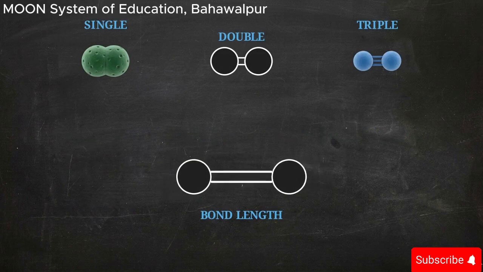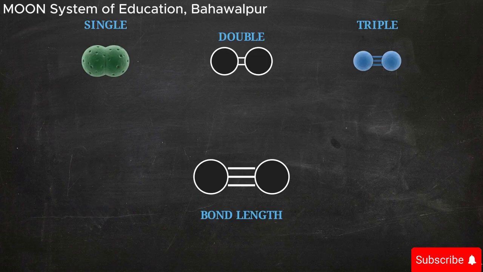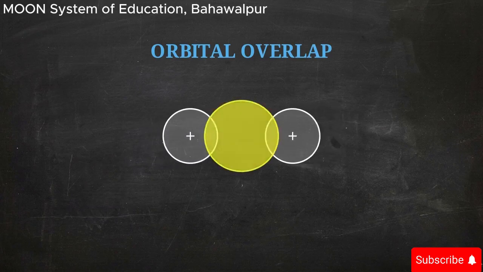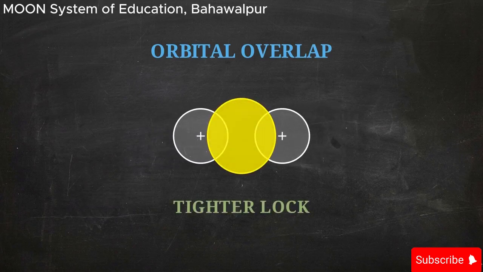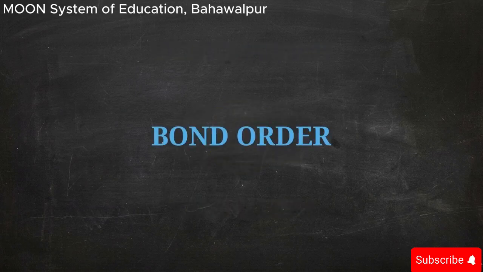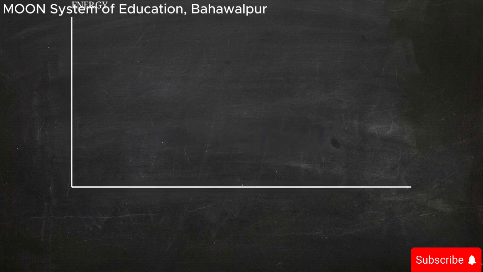Shorter bond lengths naturally pull the positively charged nuclei closer together. This proximity increases orbital overlap, the literal physical space where the shared electrons exist. Greater orbital overlap creates a tighter lock between the atoms, which directly increases the energy input required to break them apart.